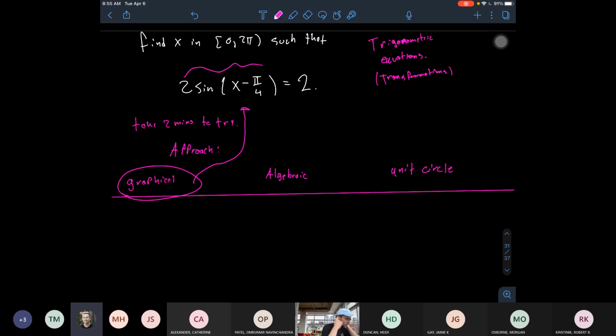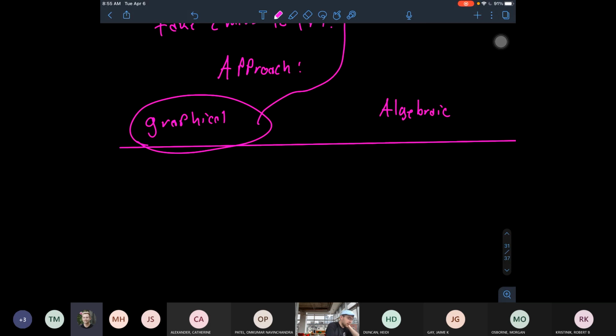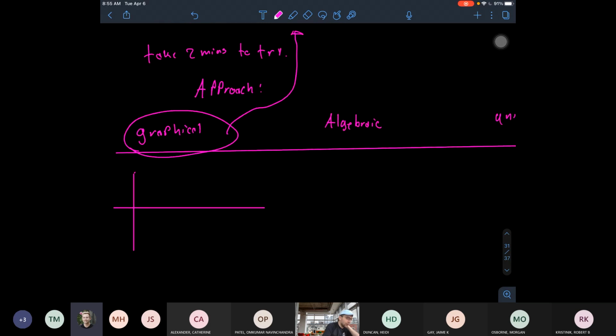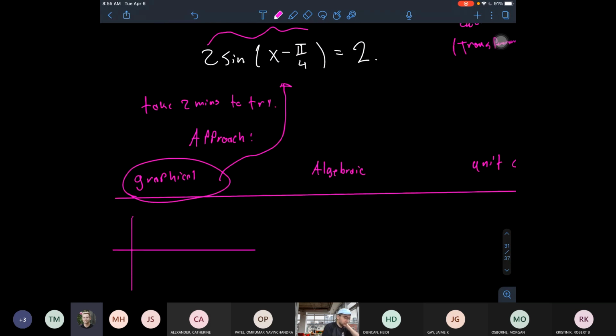Okay, cool. All right, so let's take the graphical approach. Let's start by trying to understand the graph of the left-hand side, 2 times sine of x minus pi over 4.